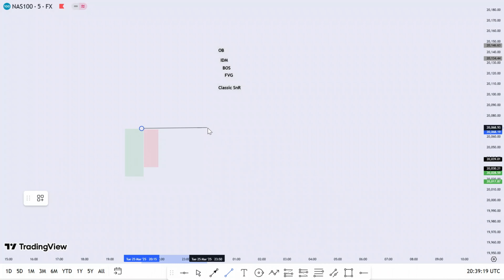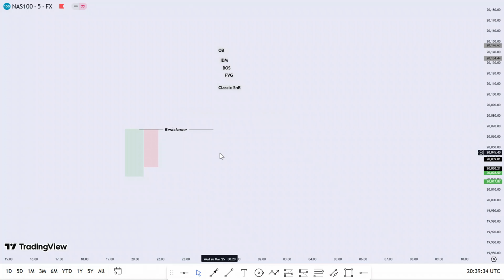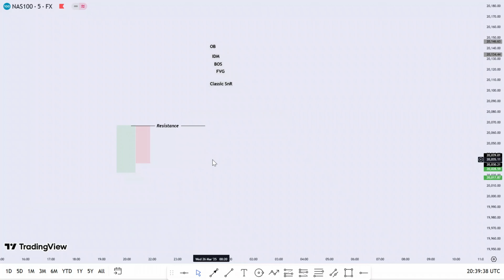This point right here is going to be a resistance level to the market. Now this is for the candlestick. I'm actually going to show you how it looks like in the line chart, especially if you're a beginner with it. It is very good if you start using it with the line chart.